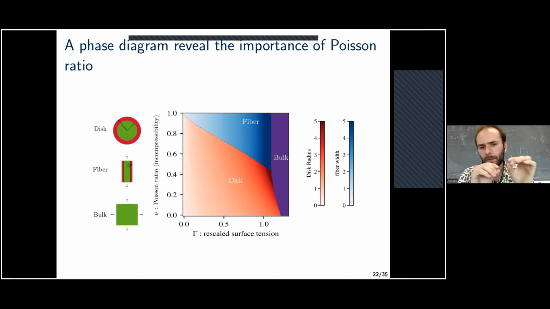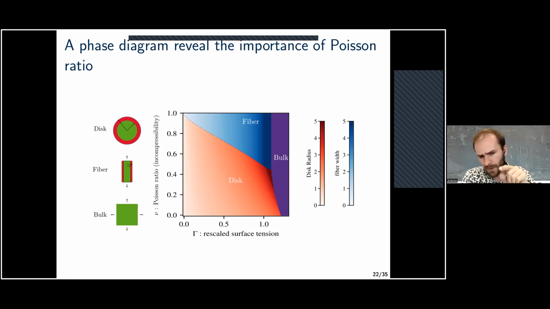So as I increase the surface tension, the size of my equilibrium aggregate increases, whether it's fiber or disk. That's normal, we knew that. And then at some point, when the surface tension is too high, I obtain an infinite bulk. That's something we also kind of knew, but now we know that particles that are incompressible have the tendency of forming more fibrous-like aggregates.